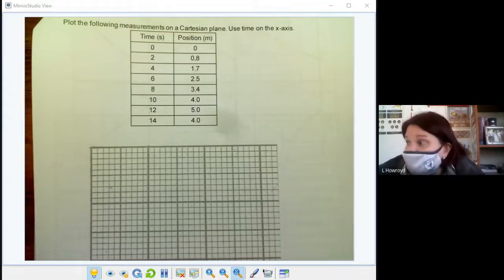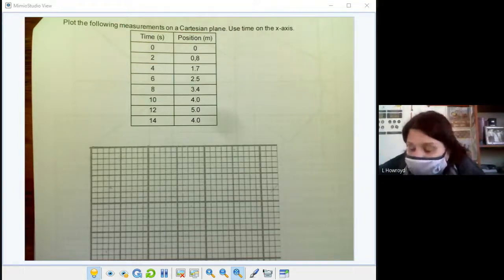Graphs are very important, and choosing an appropriate scale is very important. Sometimes they leave the scale for you to fill in. You've got to realize what the scale is, and that could be quite difficult. So I want you to start practicing how to do your scales with this. But the majority of the time, we want sketch graphs. For now, we're going to do plotting so that you can see what happens.